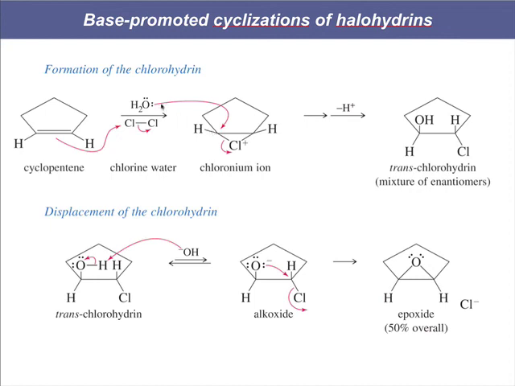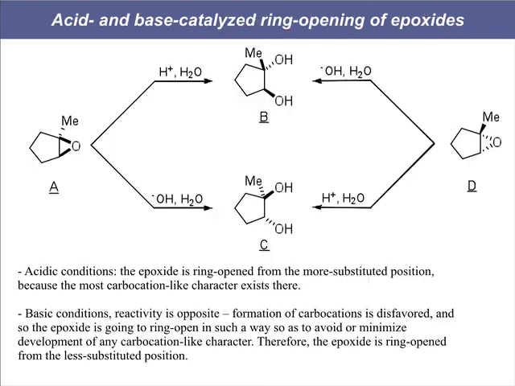It's going to always open it from the backside in an SN2 fashion. That ends up with our OH group on one face and the chlorine or halogen group on the other face. They will always be trans. You can deprotonate the alcohol to make the alkoxide. That will be able to attack from the backside and displace the halogen from the other face. That gets us our epoxide.